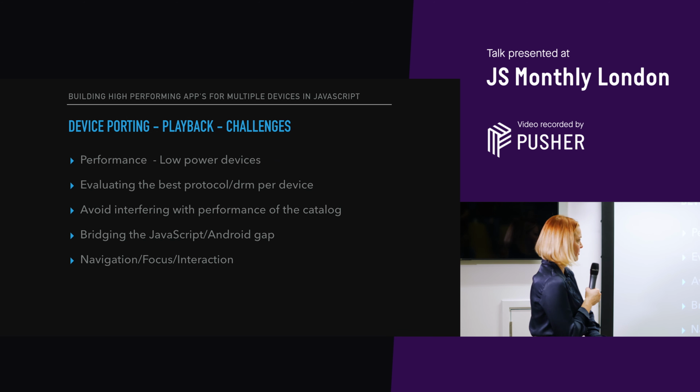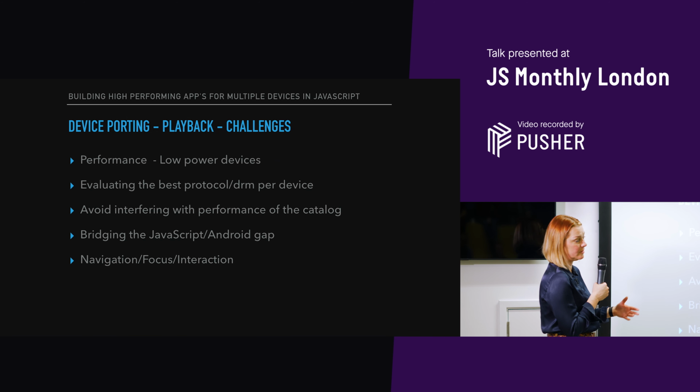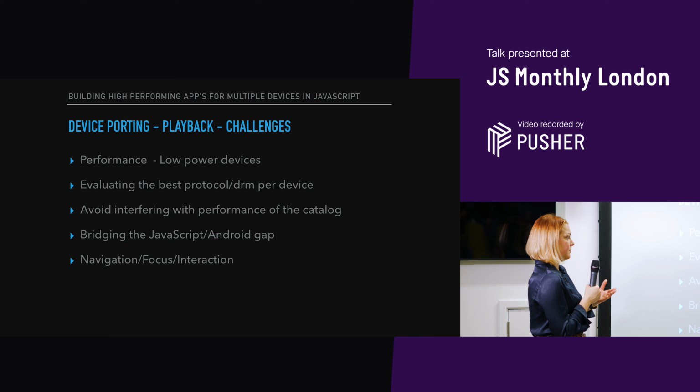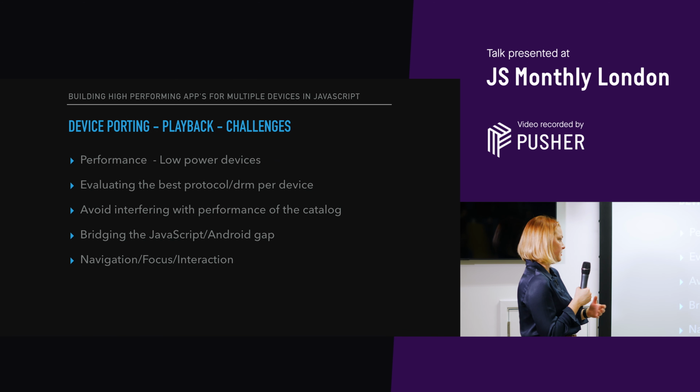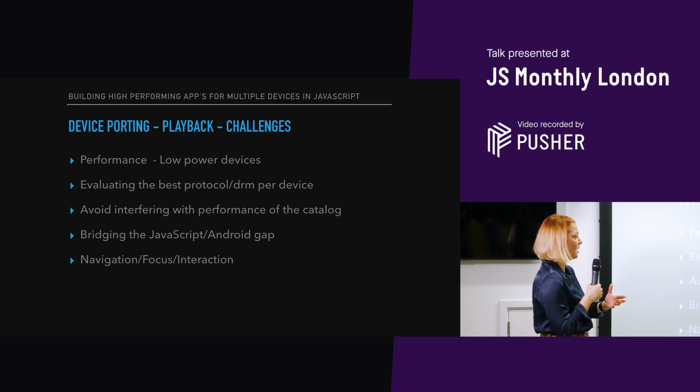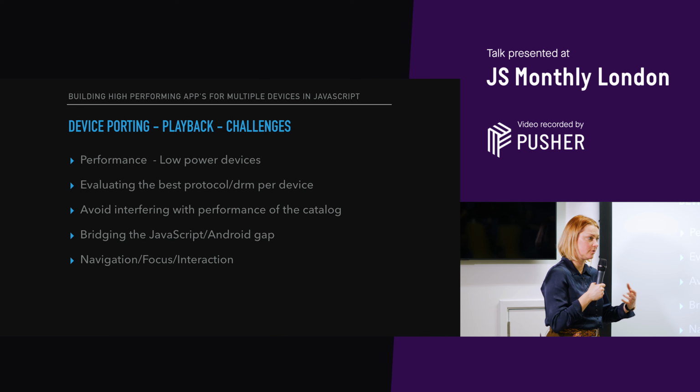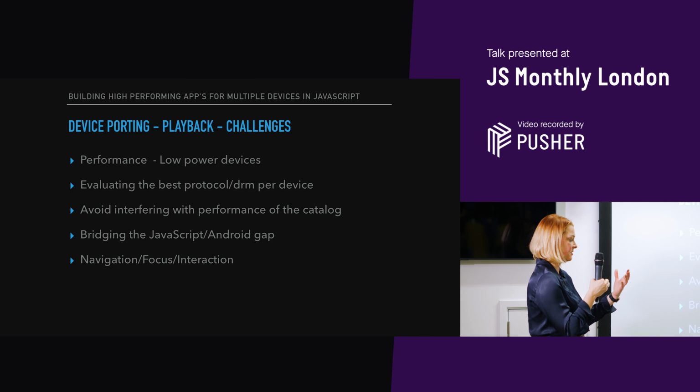And the playback team is facing challenges like low power devices, and they are evaluating the best protocol per device, and they're trying not to interfere with the performance of our catalog, because basically playback and catalog have to work together.